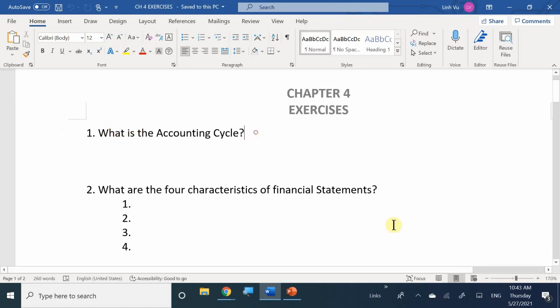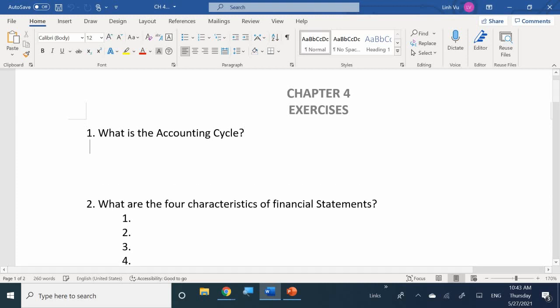So first things first, what is the accounting cycle? It's a set of rules that ensures the accuracy and conformity of financial statements.